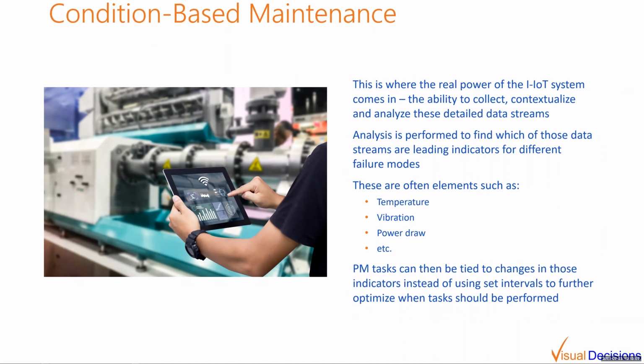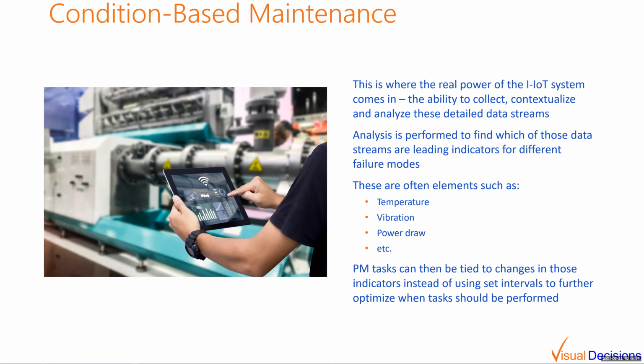Condition-based maintenance is similar to preventive maintenance, but instead of performing the preventive tasks at a set interval, you're looking for various conditions within the machine and utilizing that to set the timing of when those tasks need to be performed.